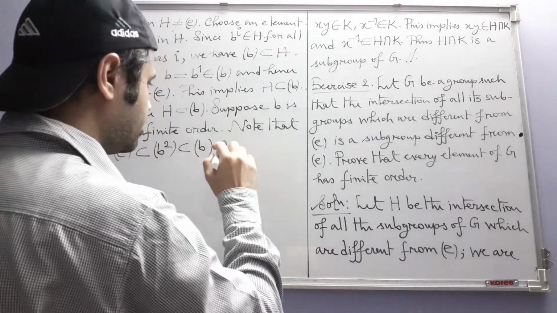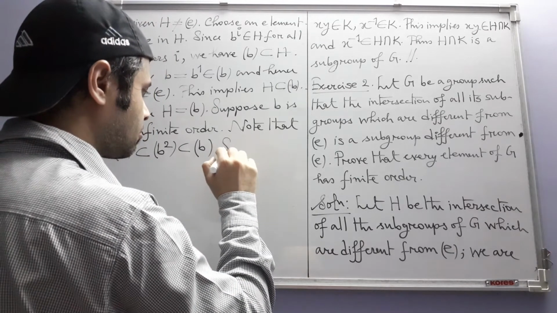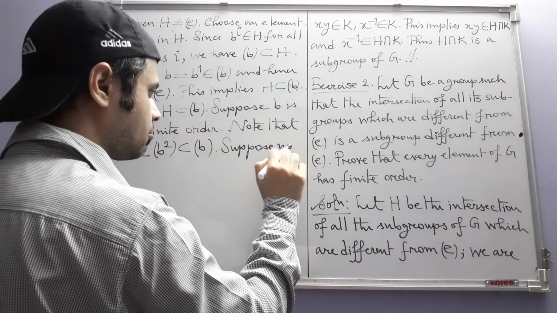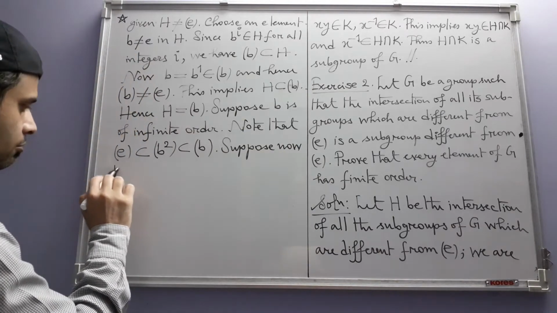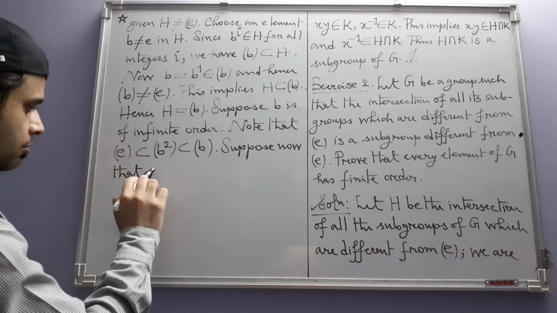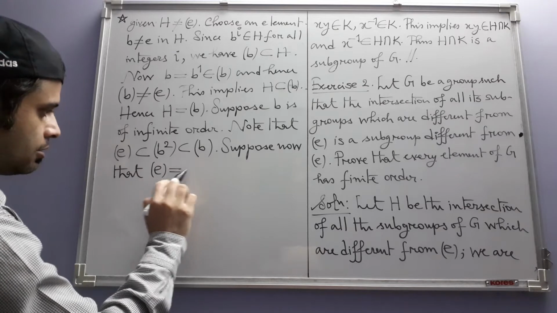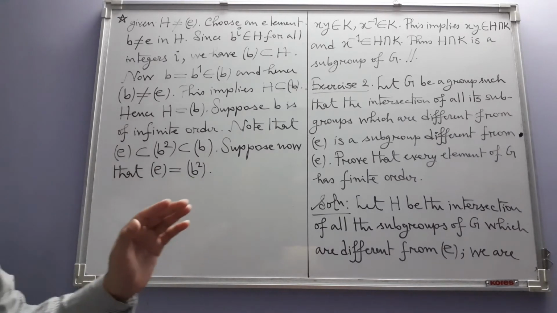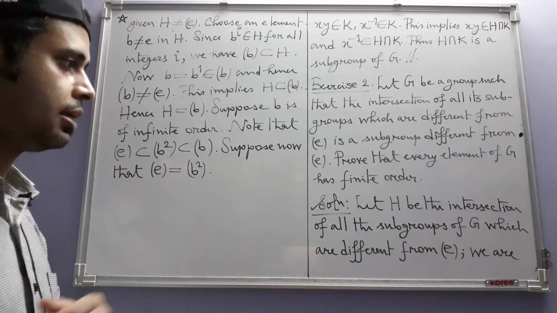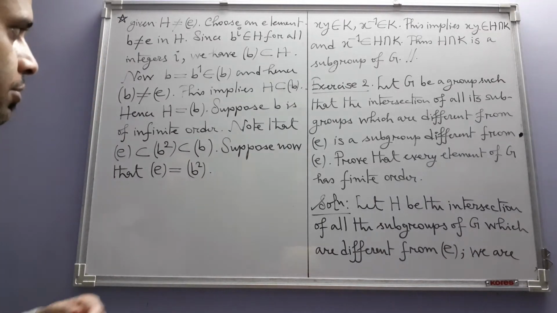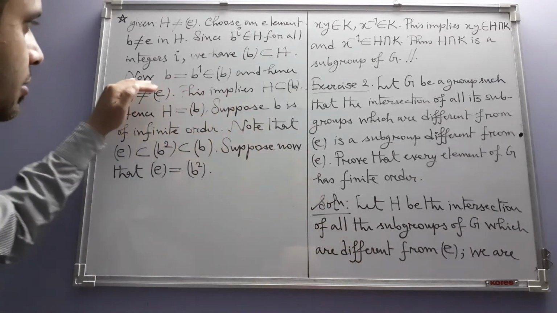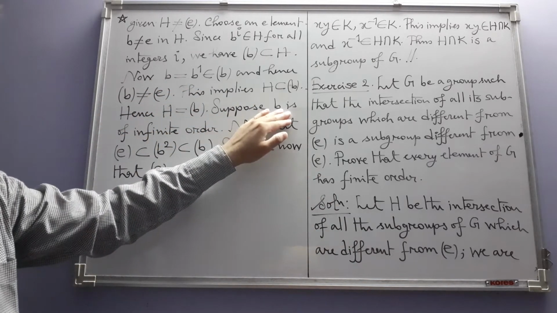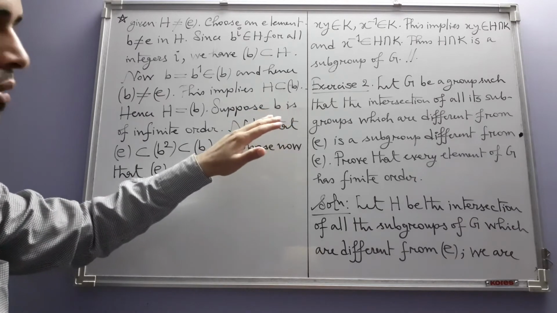So again we are going to suppose that this is equal to B square. Now things may be confusing at this stage about the structure of the proof. We have done something till this stage, and then we have supposed something which we have to contradict.